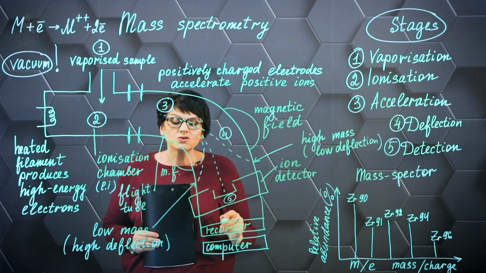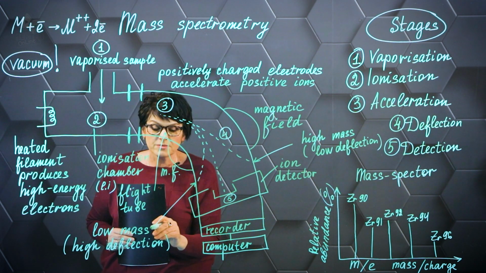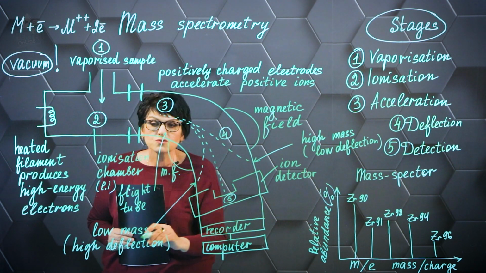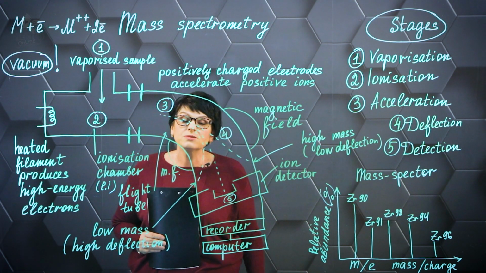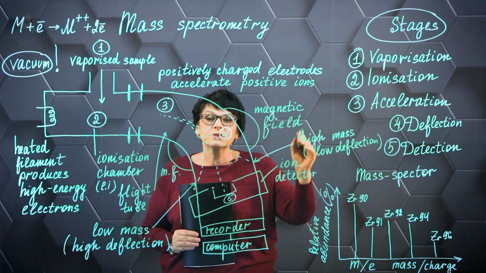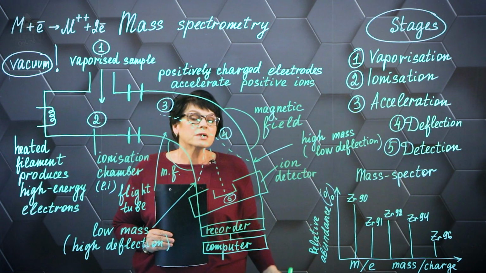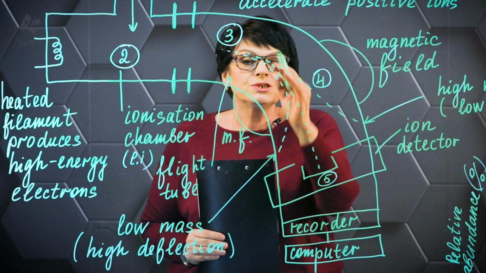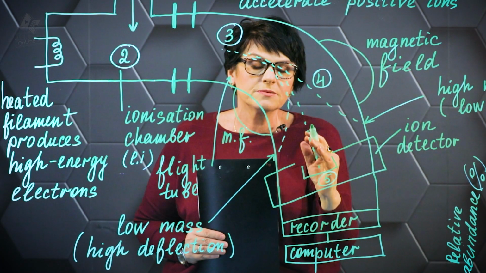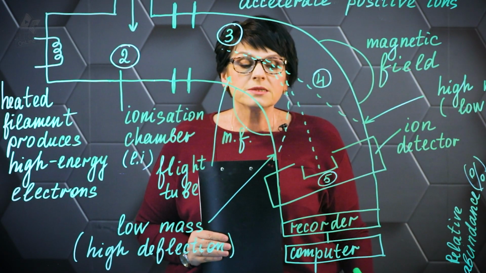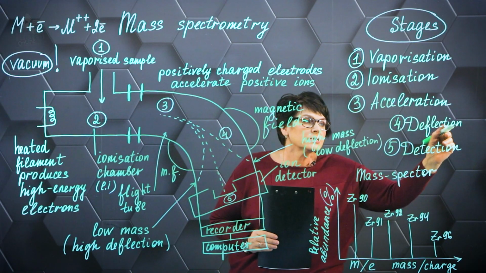Small mass particles are deflected strongly in one direction, while particles that have a large mass deflect less, moving in the other direction. In this case, the spectrum itself is split, so the path of the particles is inhomogeneous. This stage, the fourth stage, is called deflection.